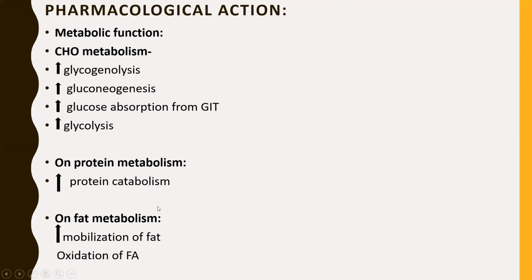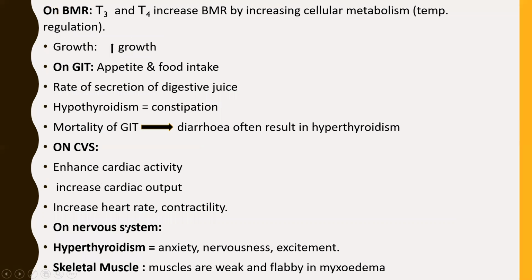On fat metabolism, also increase mobilizing of fat and oxidation of fatty acid. Then on BMR, basal metabolic rate, T3 and T4 increase BMR by increasing cellular metabolism. Temperature regulation. On growth, increase growth.